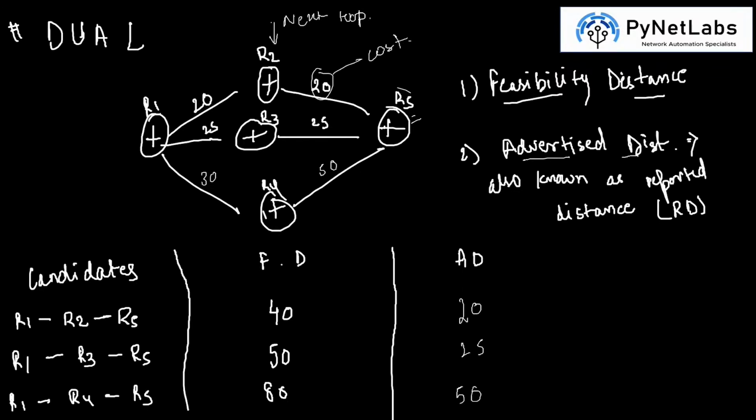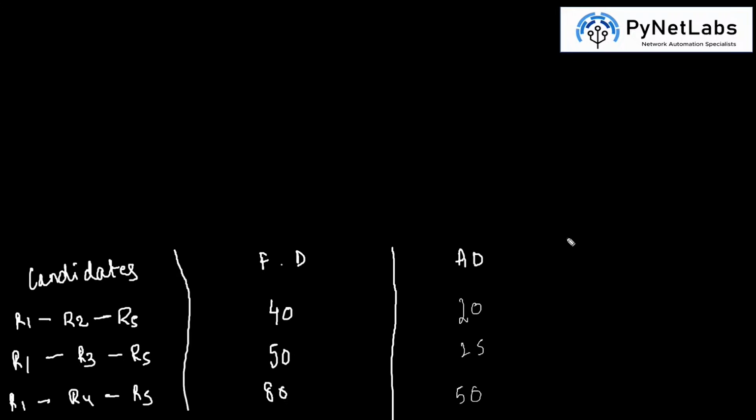Do you guys understand this? Now we'll look at the reason behind finding these FD and AD values. Now again, we have two terms, which are successor and feasible successor.